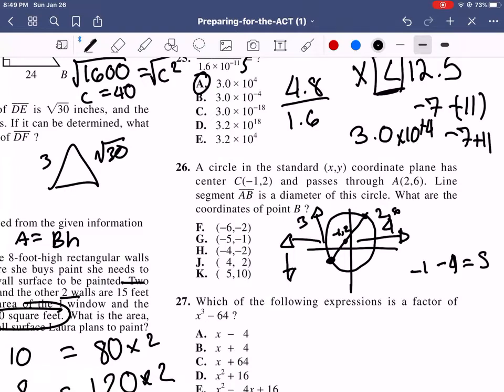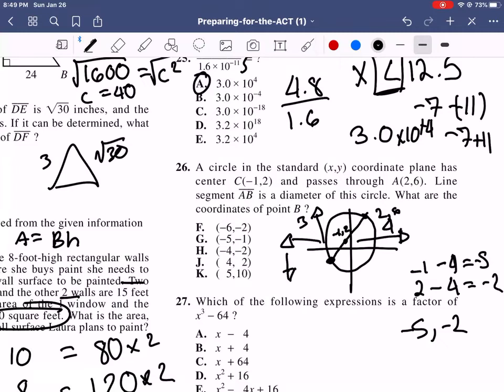Oh wait, sorry, subtracting from 2. Okay, yeah, sorry. I'm stupid or something. No, it's because it's almost 9 o'clock and I'm tired. Oh yes, 4. No, sorry. 2 minus 4 equals negative 2. So that's a negative 5. So the coordinates will be negative 5, negative 2.